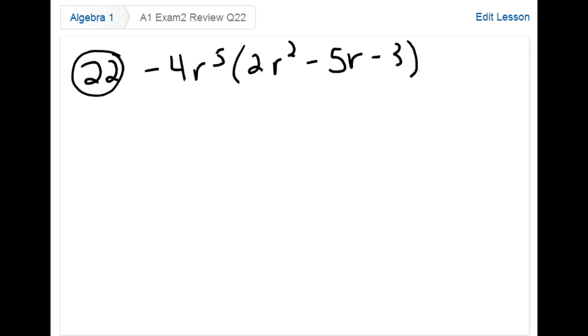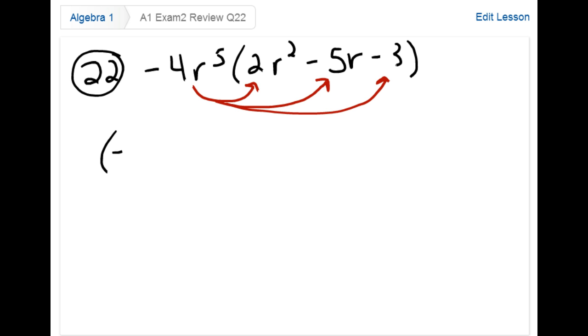Okay, problem number 22. Find the product: negative 4r to the 5th times the quantity 2r squared minus 5r minus 3. So we're going to distribute this negative 4r to the 5th times each of the terms inside the parentheses.